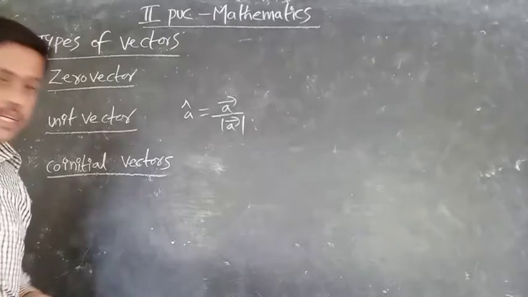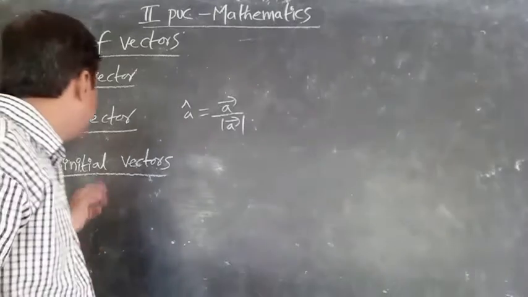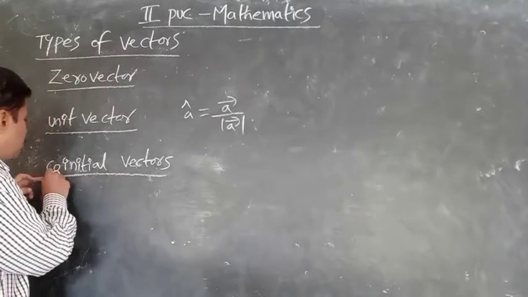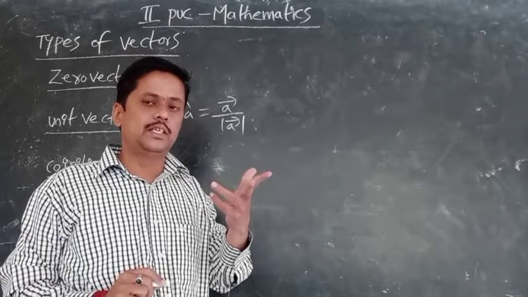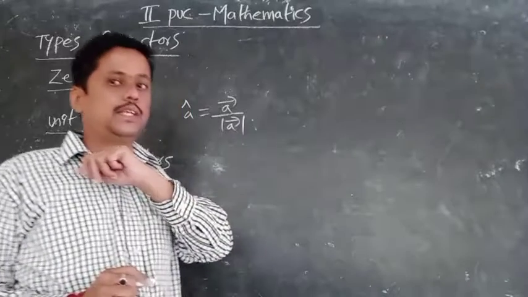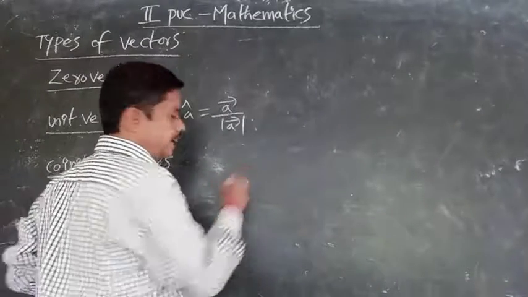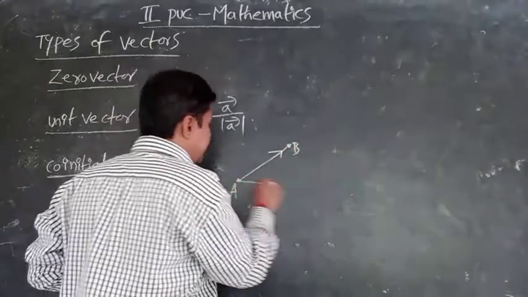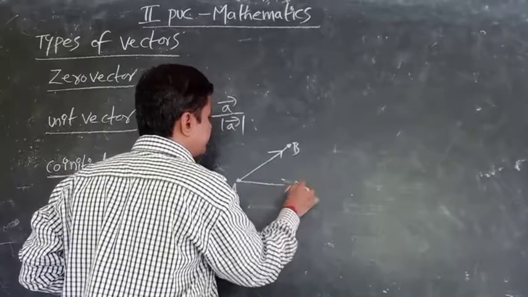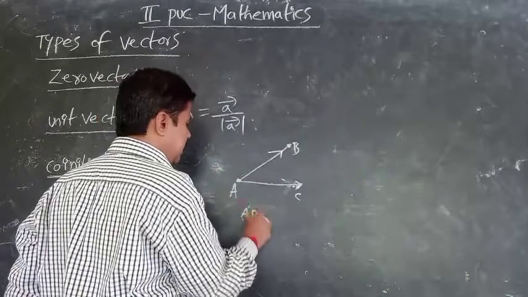Next we move to co-initial vectors. What are co-initial vectors? Two or more vectors having the same initial point are called co-initial vectors. The key word is co-initial, a common initial point. For example, take a point A with AB and AC.